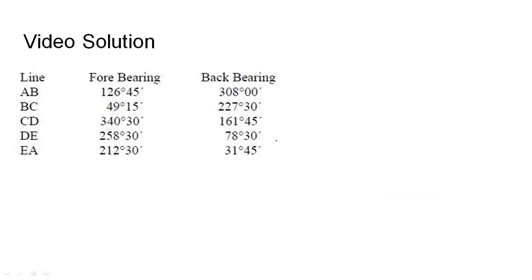So coming to the question, we have been given 5 lines with their forebearings and back bearings. So we need to search for the line where the difference between the forebearing and back bearing is exactly 180 degrees. By analyzing the table, we can see that for the DE line, the forebearing is given as 258 degrees and 30 minutes, and the back bearing is 78 degree 30 minutes.